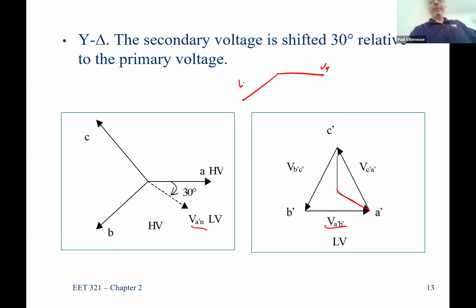This is VA, VB. This is VA, or negative VB. So this is VA minus VB, vectorially added. This is theta, which is equal to 30 degrees. And since I'm looking across two lines or two phases of the transformer, I have to subtract those two voltages. Whereas in the delta, I don't. I only look across one. So when I compare line voltages on the output, I've got that 30-degree phase shift. Nothing I can do.